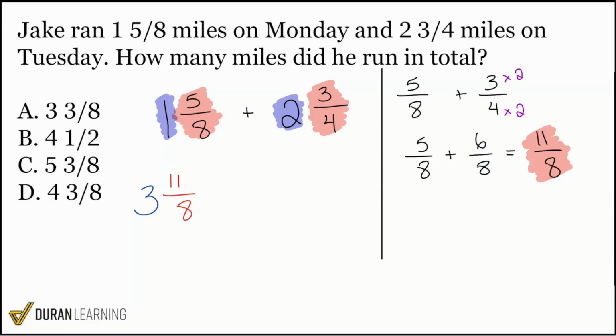That's not going to work. So here's what we're going to do. We're going to take that 11/8 that we pulled from over here and turn that into a mixed number. And then I'll bring it back.